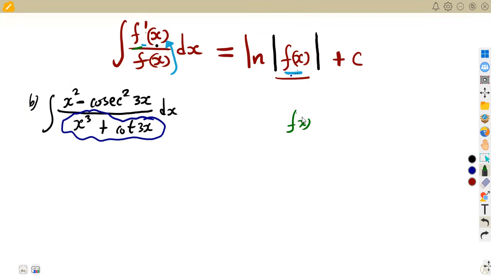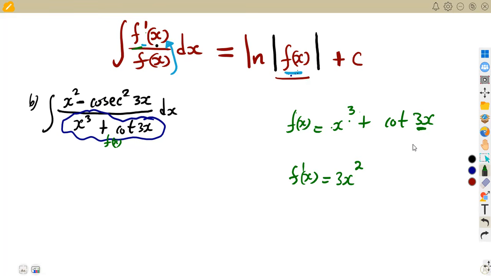Our f of x, being our denominator here, is equal to x to the exponent of 3 plus cot 3x in this case. What is supposed to be its derivative? So differentiate here: drop the exponent, that's 3x to the exponent, subtract 1, which is 3x squared. Remember, cot changes to cosec squared, being a negative.